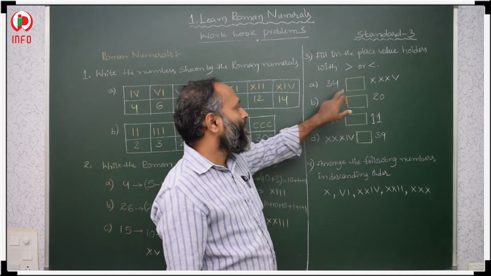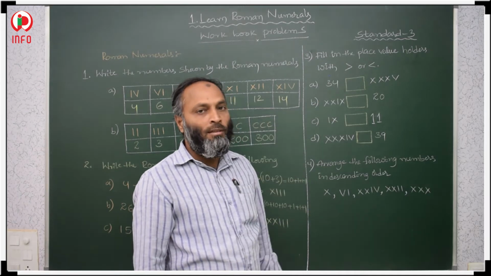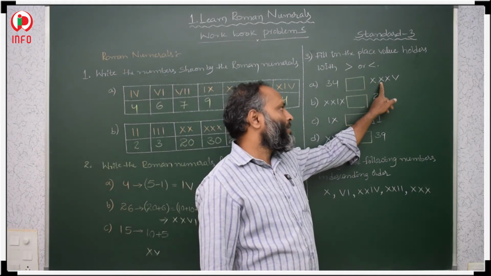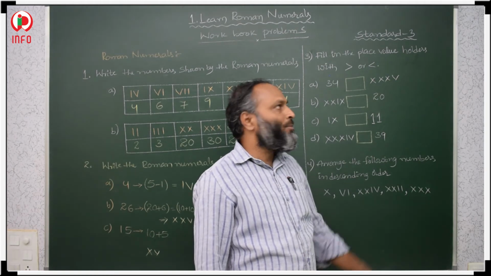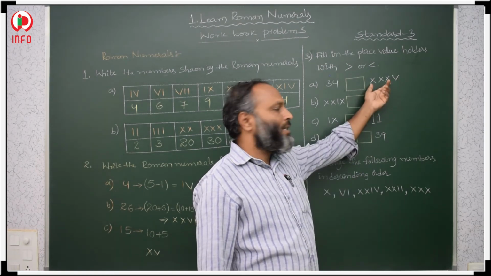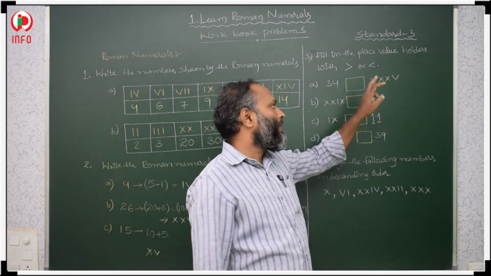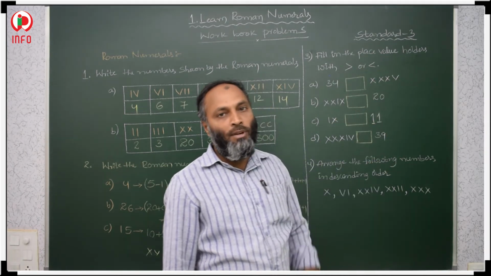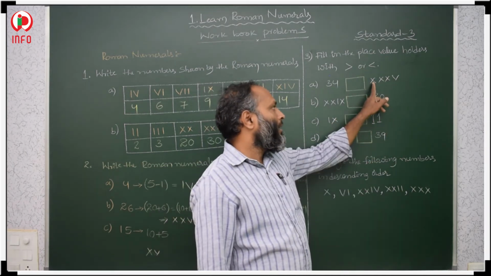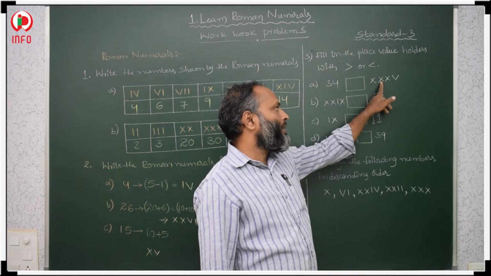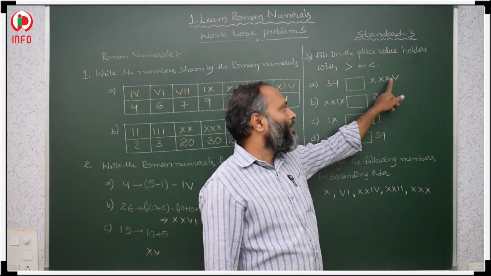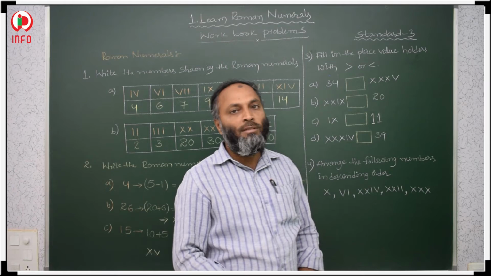First, this is 34. Here X means 10, X means 10, X means 10. This X repeats 3 times, so we can add. Whenever the Roman numeral repeats, we have to add. 10 plus 10, 20, 20 plus 10, 30. 30 and 5 means 35.